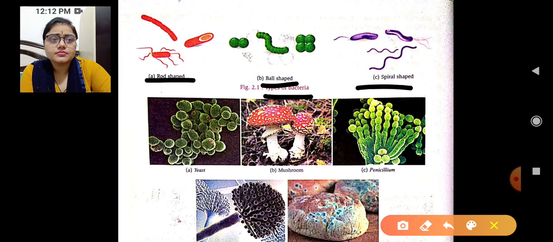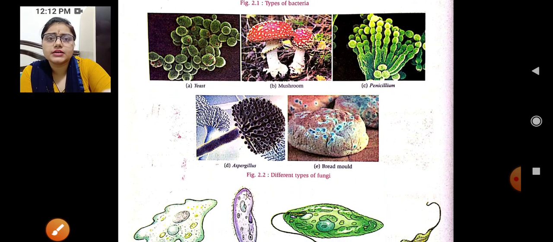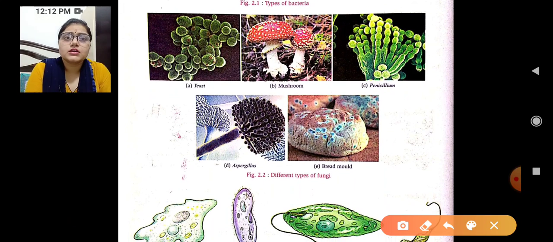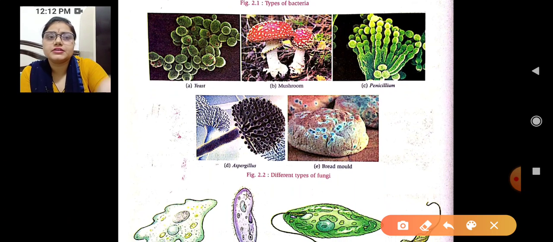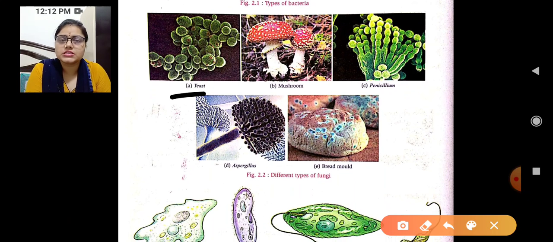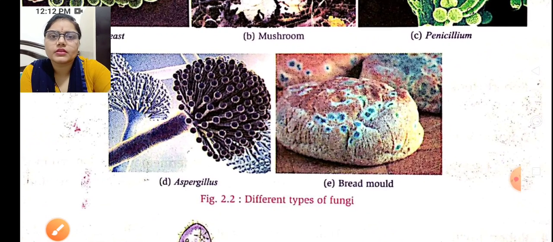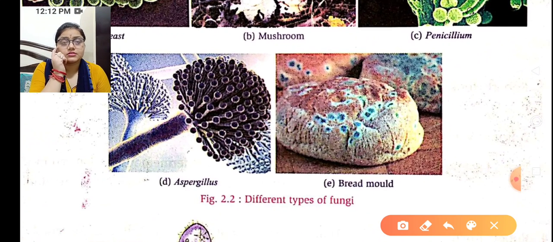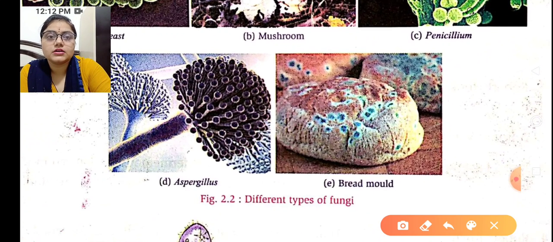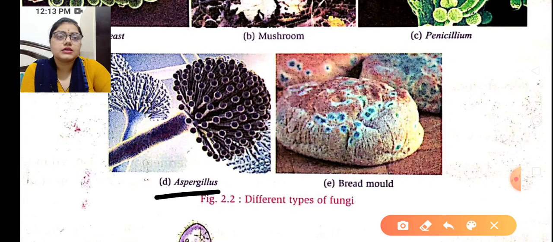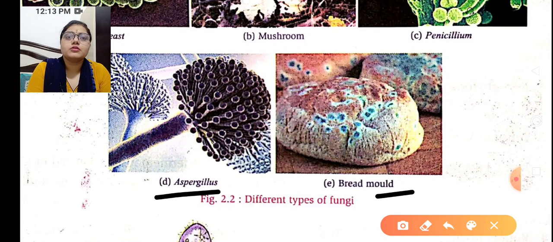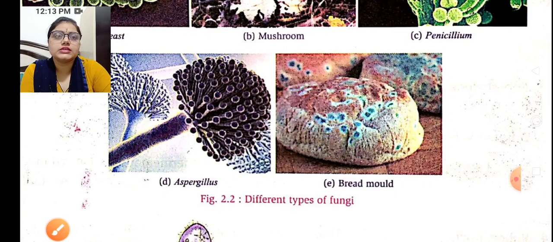Moving ahead, the next one is the different types of fungi. In fungi we have yeast first, second is mushroom, third is penicillium, fourth is aspergillus, and the last one is bread mold. These are some kinds of different fungi.